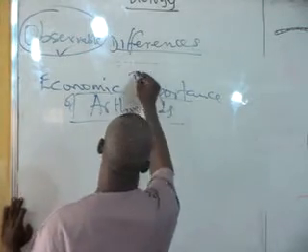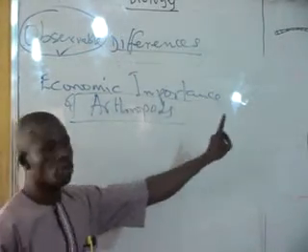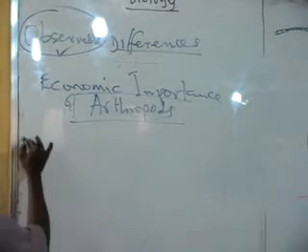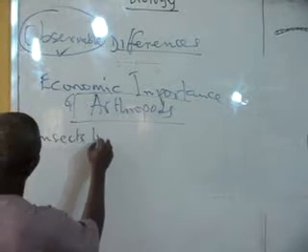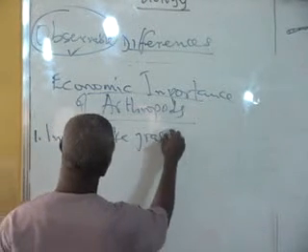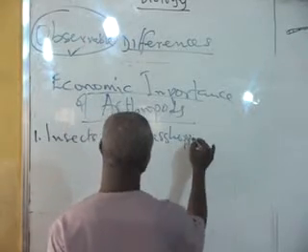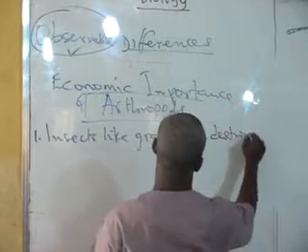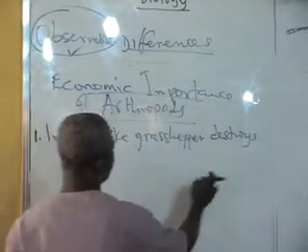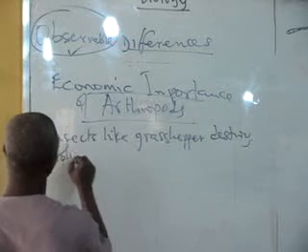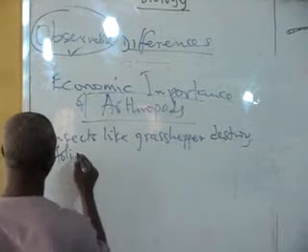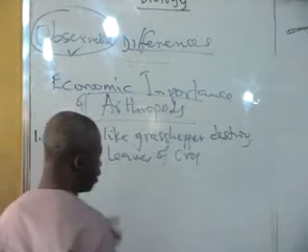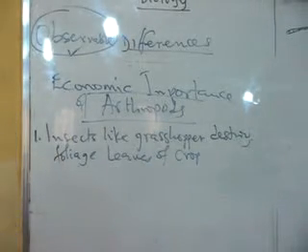So I expect that what we are going to be thinking about are the organisms that are there. For example, we know that insects like grasshopper destroy foliage, the leaves of crops on the farm. That's an economic importance.